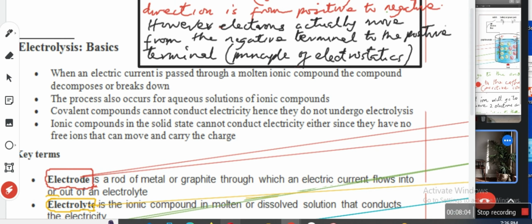But when they are in solution, the ions are separated, so they are free to move. Also, in their molten state, the ions are already separated, so they are free to move. Is that fine?